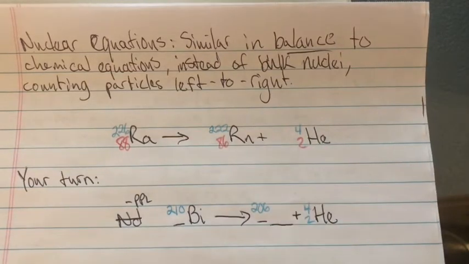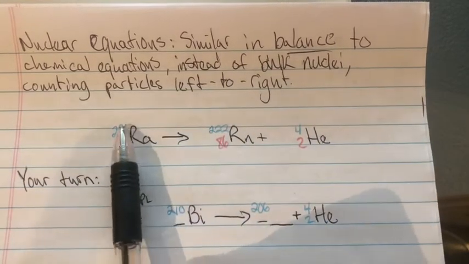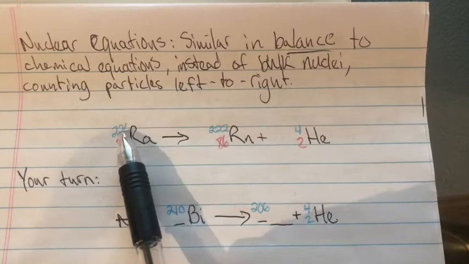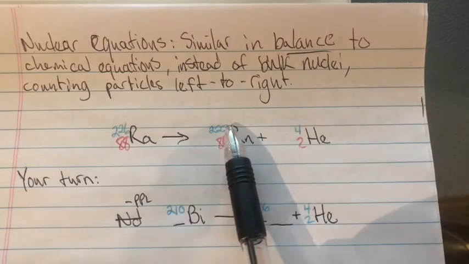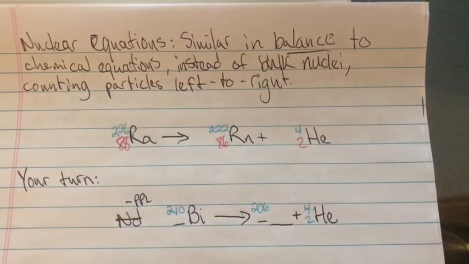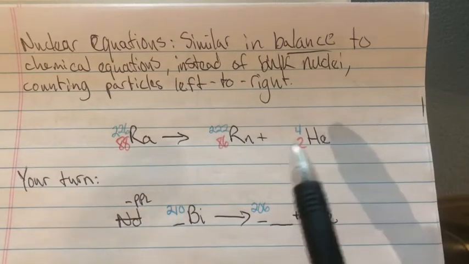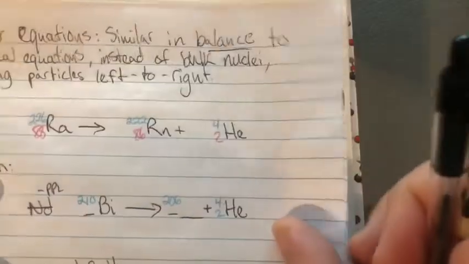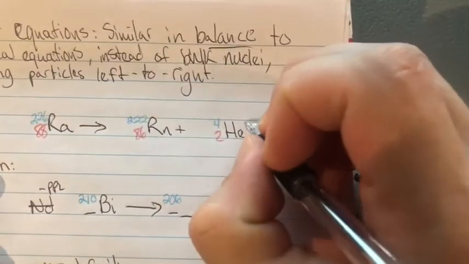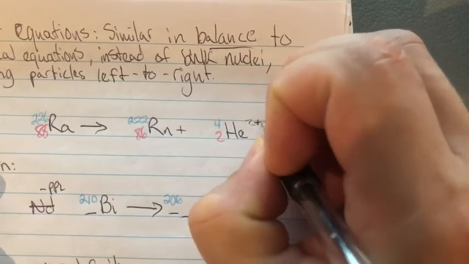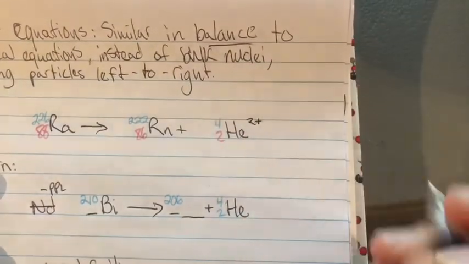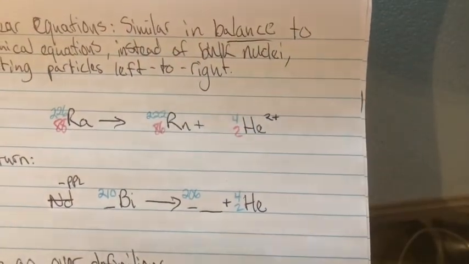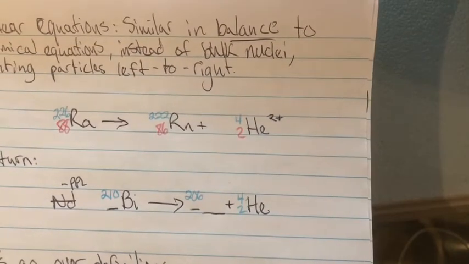And above, notice how it goes from 226 to 222. That means you're missing 4 atomic mass units. So in other words, that's gone to helium. Again, that's going to be 2 plus. So this is just going to be the nucleus. It's not going to actually be a full helium atom itself. Okay.